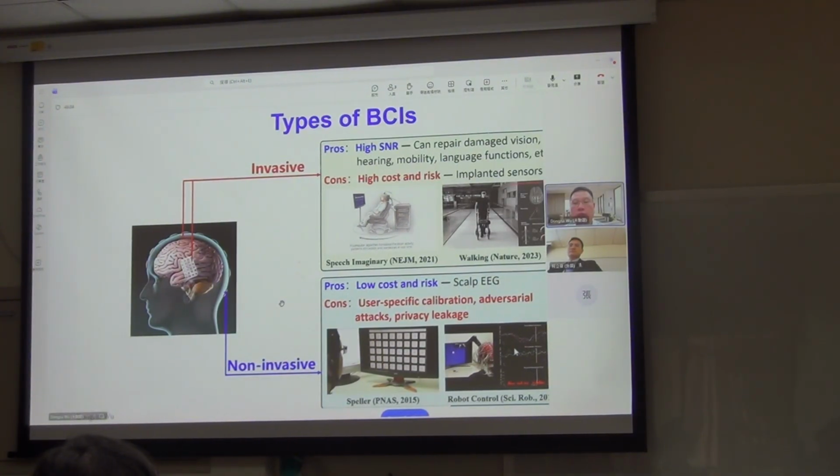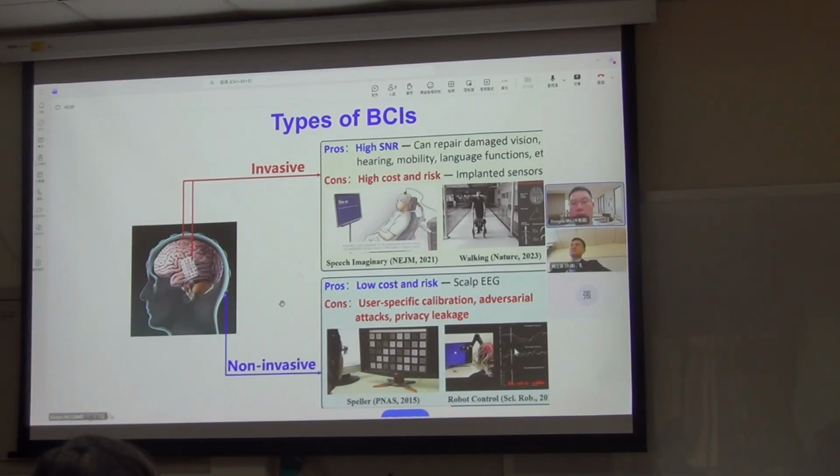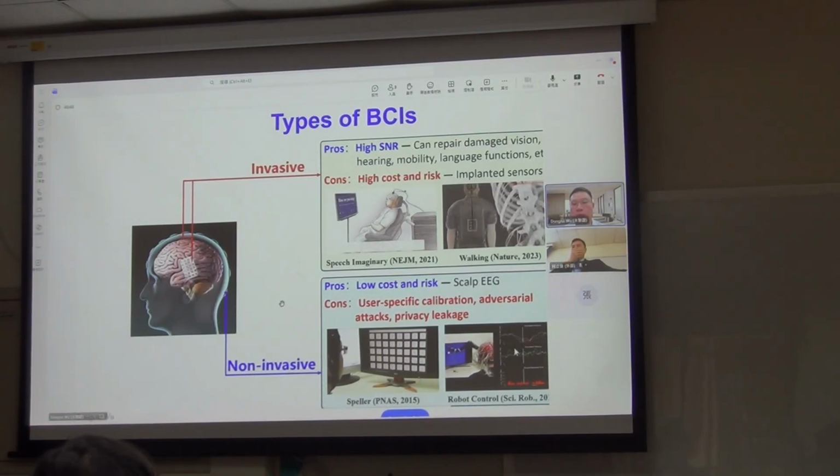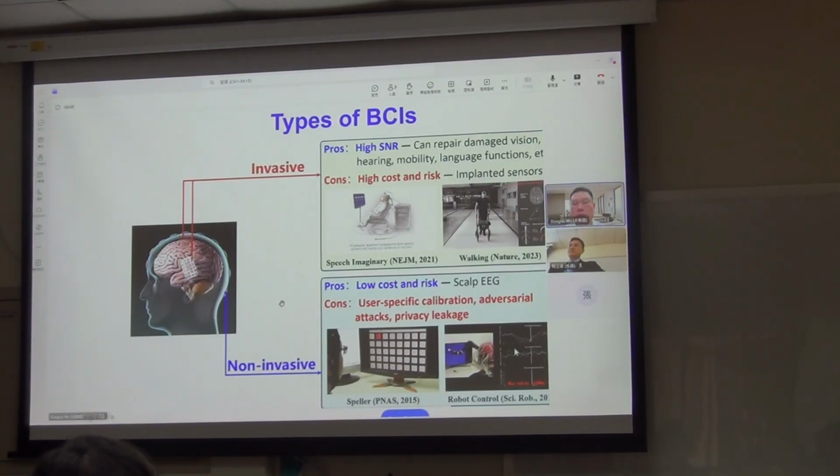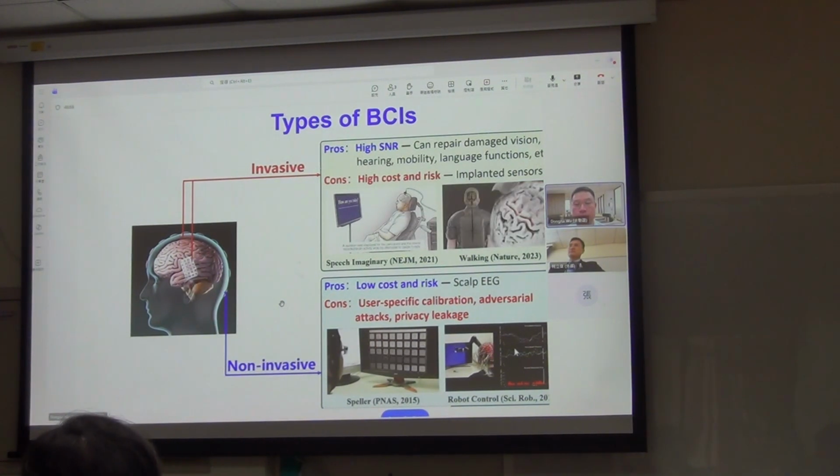But its main disadvantages include that we need to perform user-specific calibration, and they are also subject to adversarial attacks and privacy leakage. In this talk, I will mainly introduce how we can use fuzzy set-based approaches to speed up user-specific calibration.